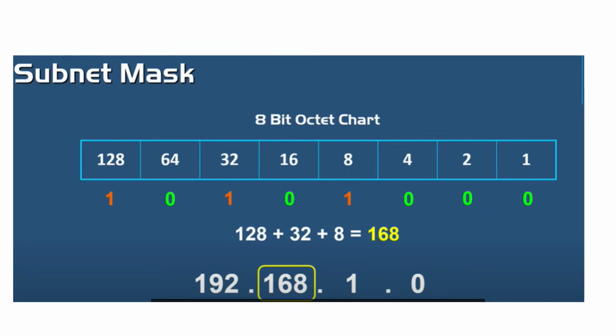Then you need 8 more, so you directly pick up the 8. Now you get 168. So those bits 128, 32, 8 only are set to ones and the other remaining bits are set to 0. Like that you can get the binary equivalent of the given DDN notation, that is decimal addresses.